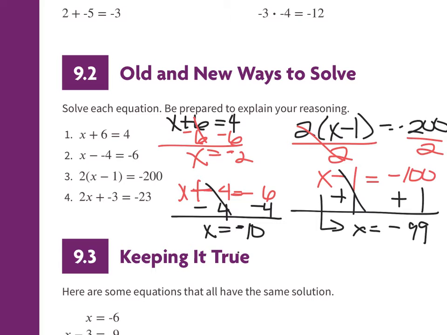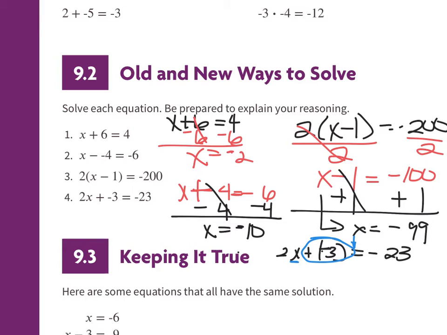And then the last problem, 2x plus negative 3 equals negative 23, okay? So here's my x, here's the equal sign. The first one we get rid of is the one not with x, so the negative 3. Even though it's an addition, the 3 itself is negative.